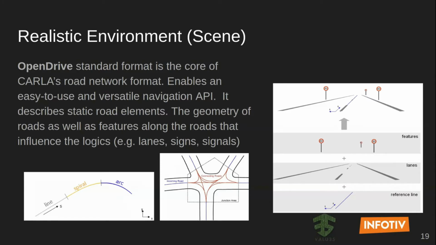We want to have a realistic traffic network, and there is a standard called the OpenDrive standard, which is integrated into CARLA, which describes the static road elements, such as how the road looks, basically. It uses some very basic geometric shapes to describe complex roads.